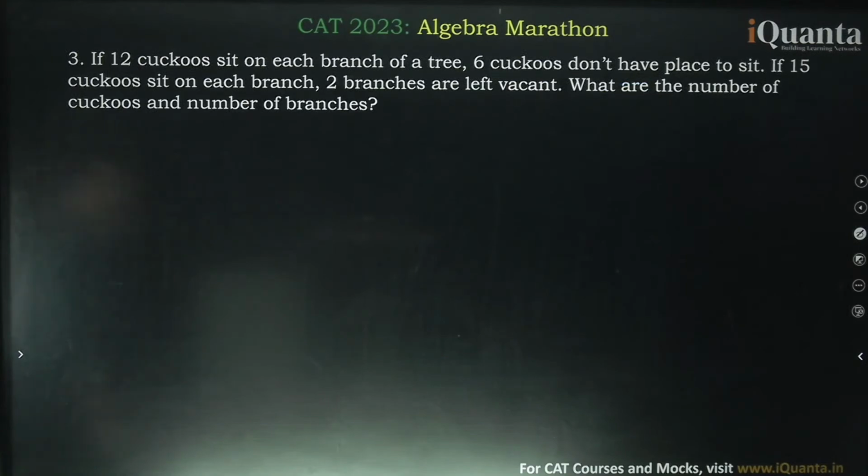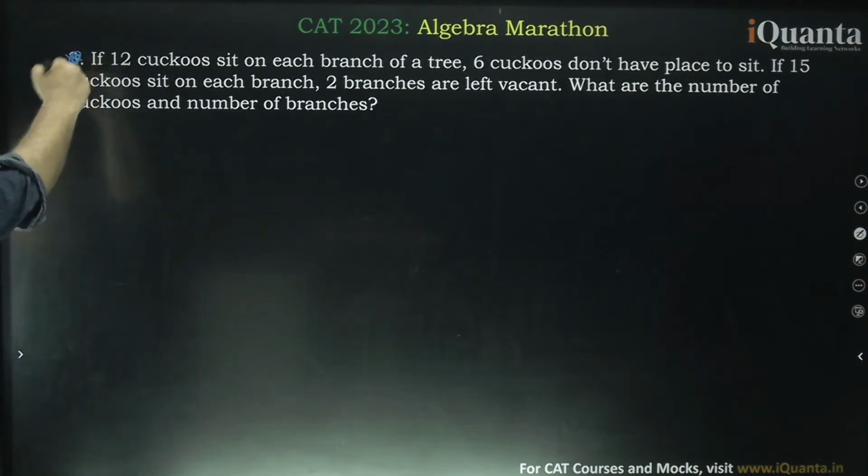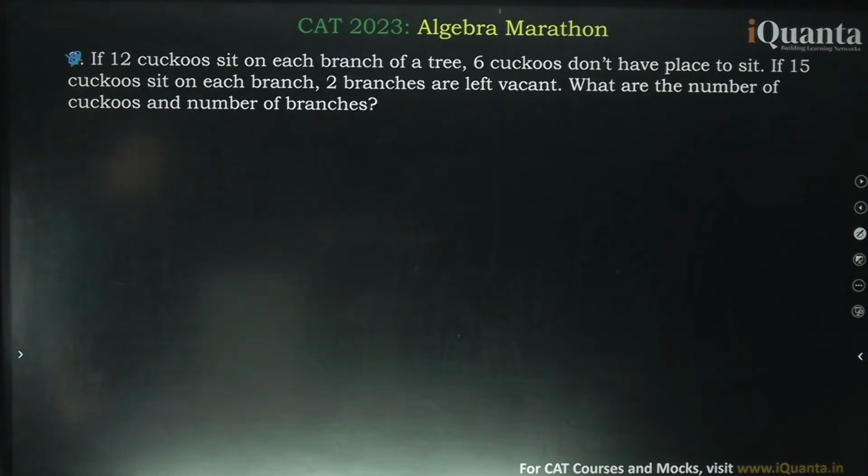Perfect. This one. If 12 cuckoos sit on each branch of a tree, 6 cuckoos don't have a place to sit. If 15 cuckoos sit on each branch, 2 branches are left vacant. What are the number of cuckoos and number of branches?